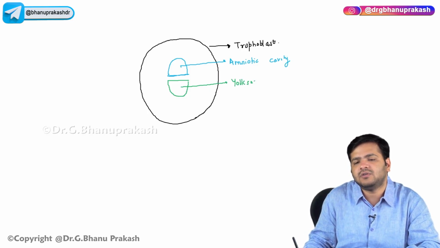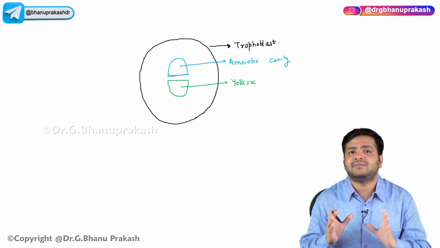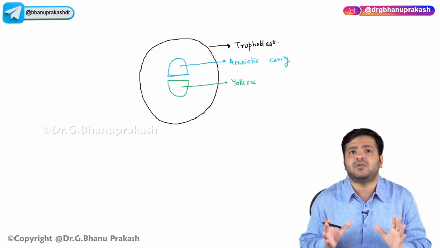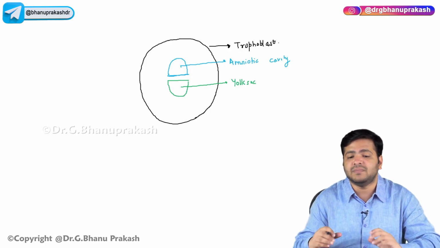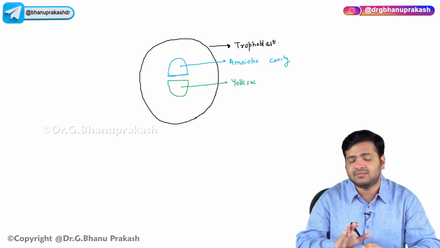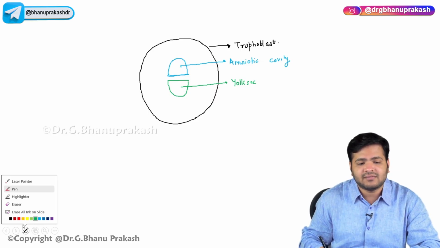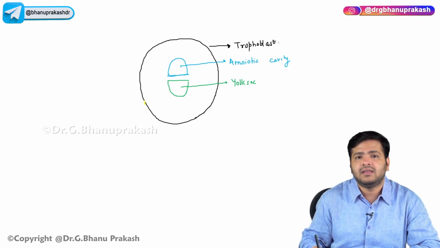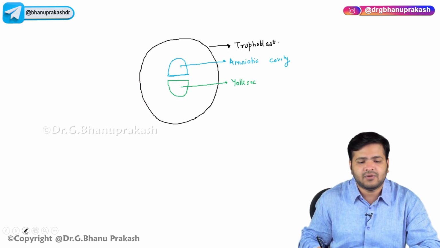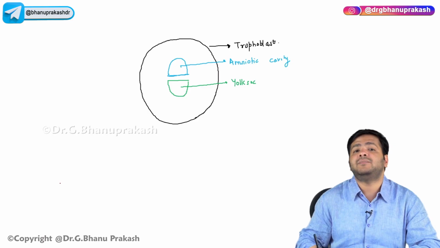Now the wall of the yolk sac, इसके wall से क्या निकल रहा था? The cells will proliferate and will give rise to a mesoderm, which is outside this embryoblast, right? And that's why it is called the extraembryonic mesoderm. Now, what will happen? A cavity will be formed.